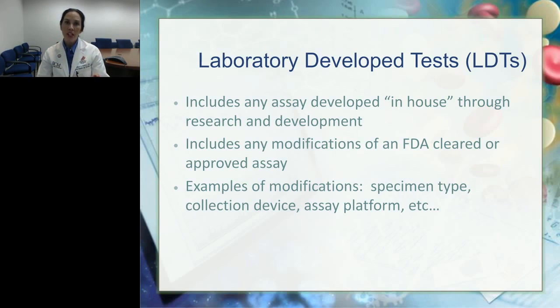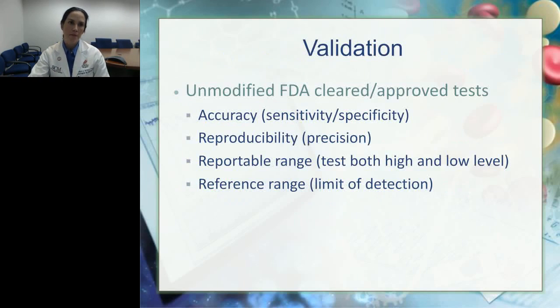Those modifications can seem trivial to you, but it's enough to mean that this is now a laboratory developed test and the validation process is extensively different. So if you change the specimen type, the collection device, the assay platform, the extraction platform, if you make any modification to that test, it becomes a laboratory developed test.